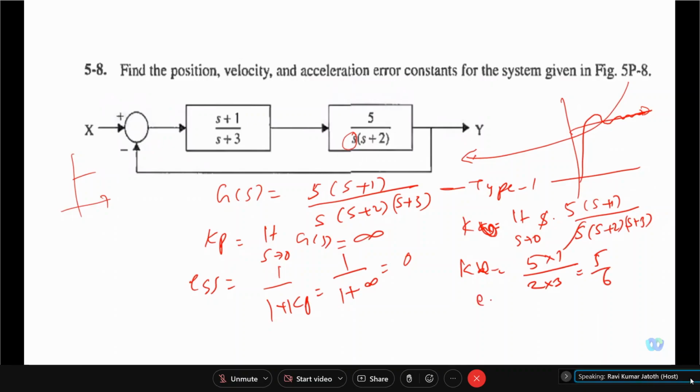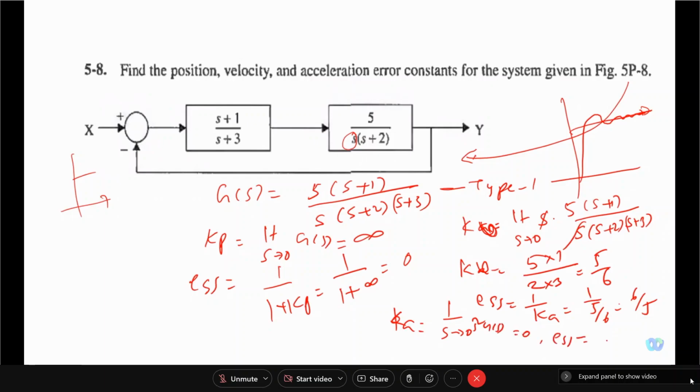So then what is the steady state error? It means there exists a constant error. And what is Ka? Zero. What is the steady state error?